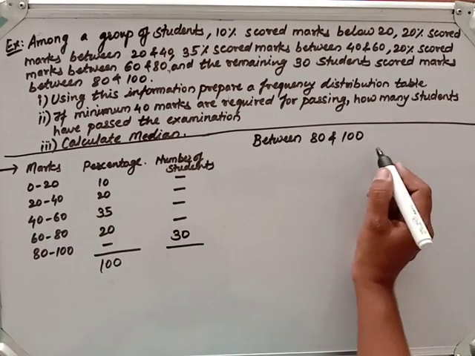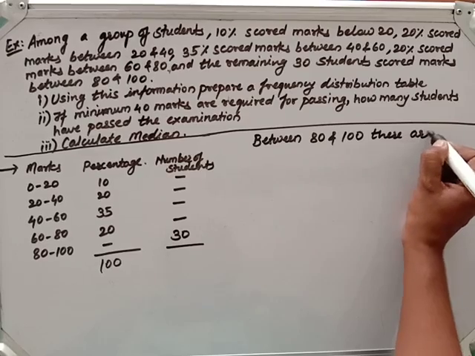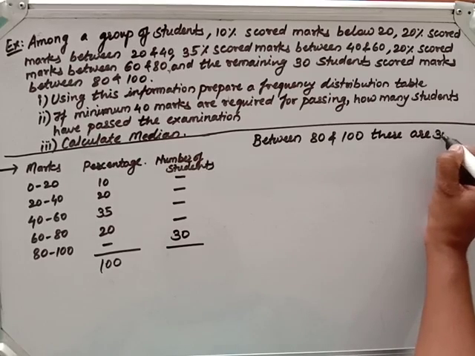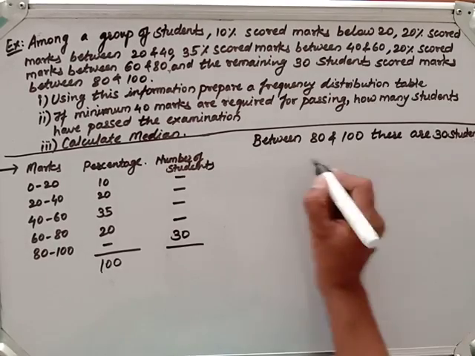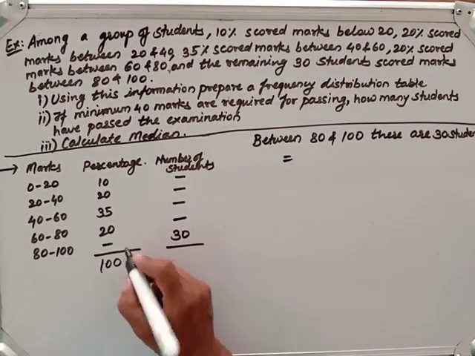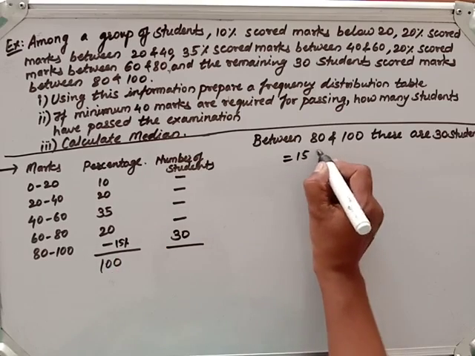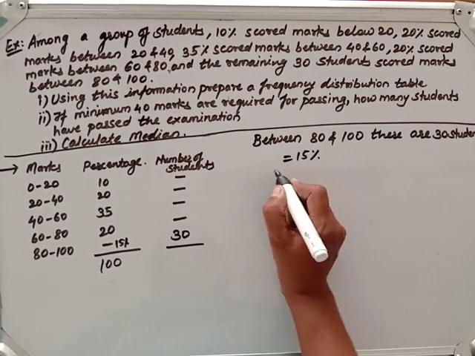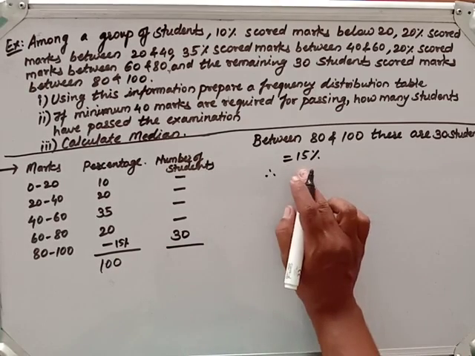Then between 80 and 100 there are how much? 30 students. Now just I taught you that 30 students is nothing but 15%. Therefore, now 30 students equal to 15% means just half of it.